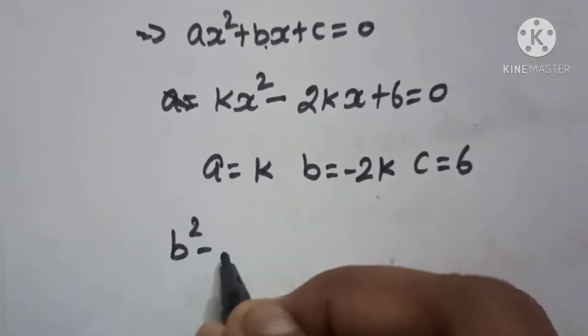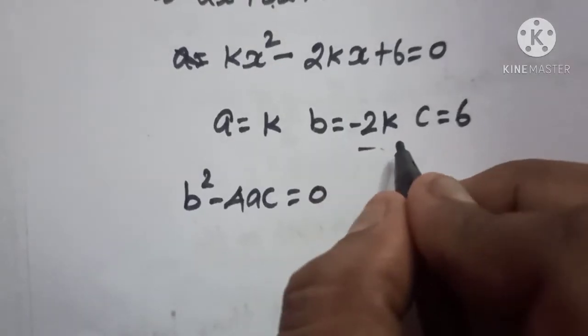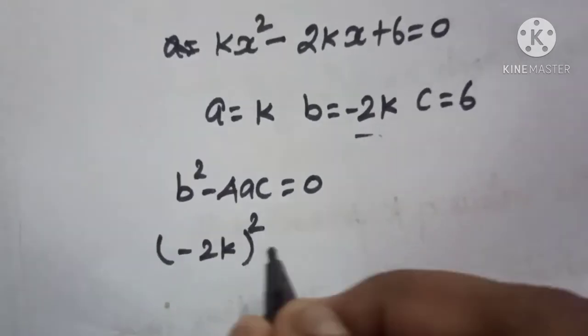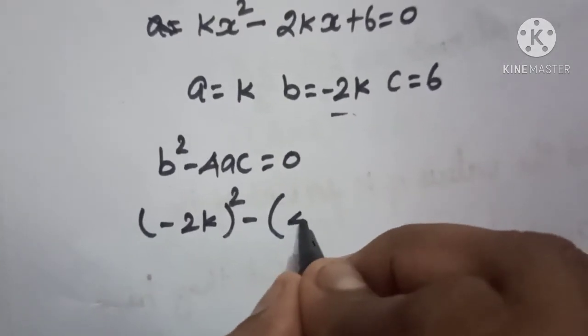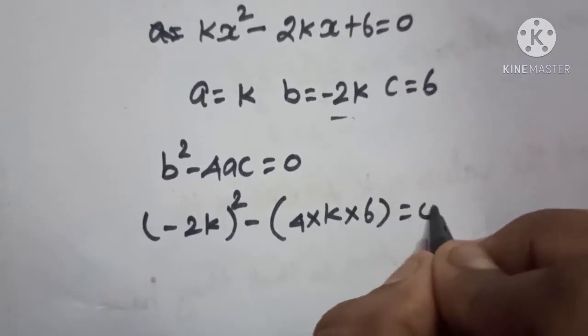b square minus 4ac is equal to 0. b is nothing but minus 2k. So minus 2k whole square minus 4 into k into 6 is equal to 0.